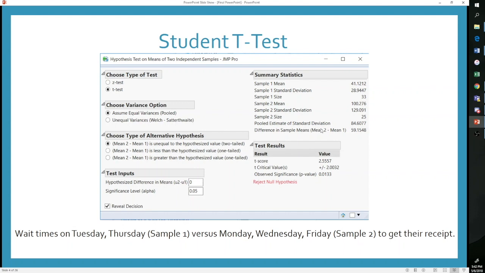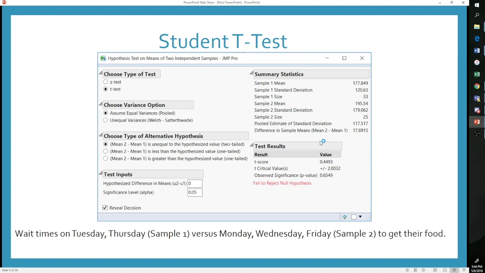And with the data that we took, we have the test results here with the p-value of 0.0133, which is less than 0.05 significance level. So we will reject the null hypothesis and conclude that there are differences between the wait time of sample 1 and sample 2.